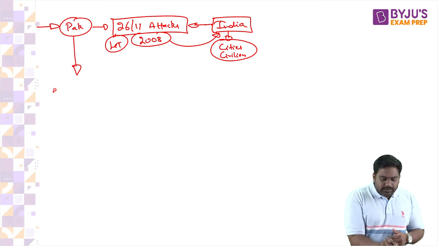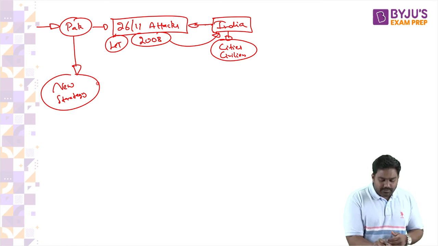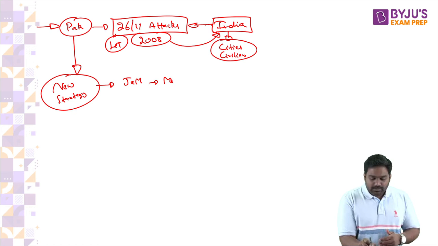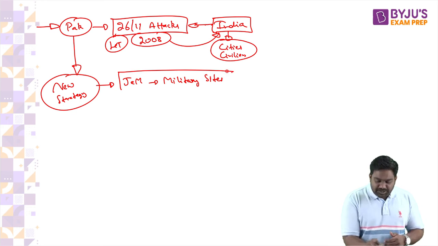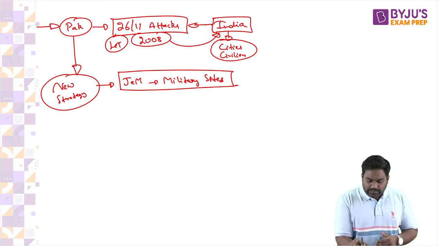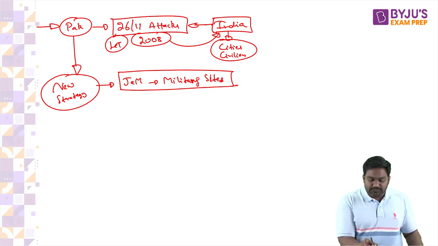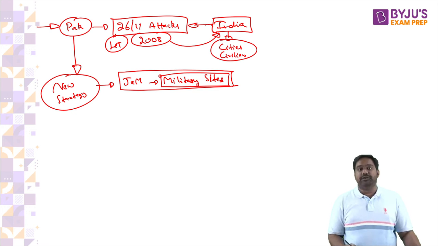So it has adopted a new strategy since then, a new tactic. It has tried using only Jaish-e-Mohammed to attack military sites, military installations. I'll mention these attacks later. We'll look at the recent attacks which have happened, how it has used Jaish-e-Mohammed for repeated attacks on military bases of India.